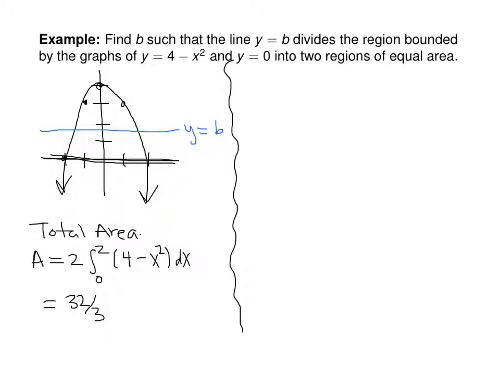So y plus x squared will equal 4. x squared is equal to 4 minus y. And so x is equal to plus or minus the square root of 4 minus y.